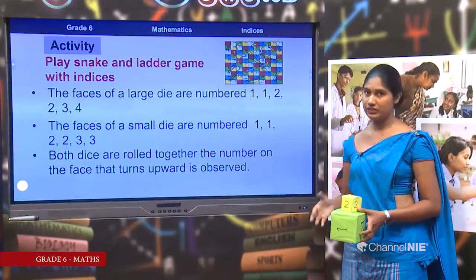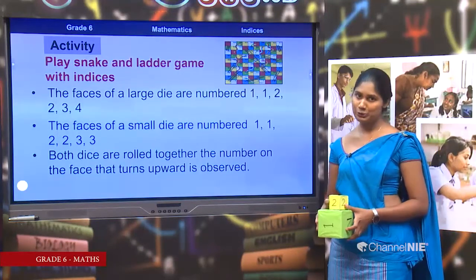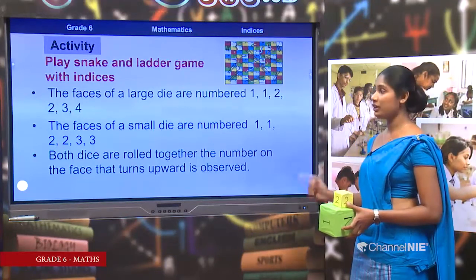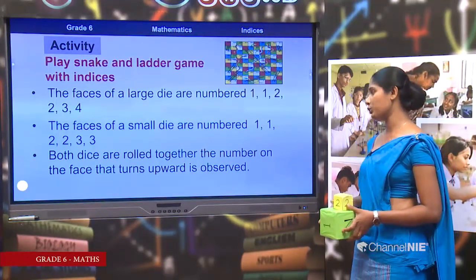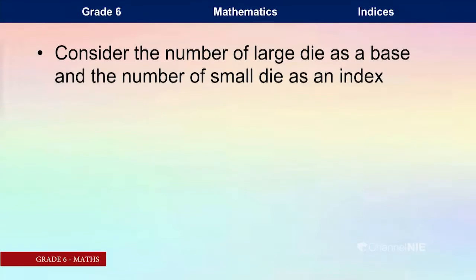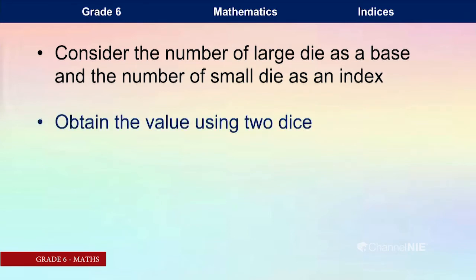So, dear children, these are the instructions to do this activity. Both dice are rolled together. The numbers on the faces that turn upward are observed. Consider the number on the large die as the base and the number on the small die as the index.